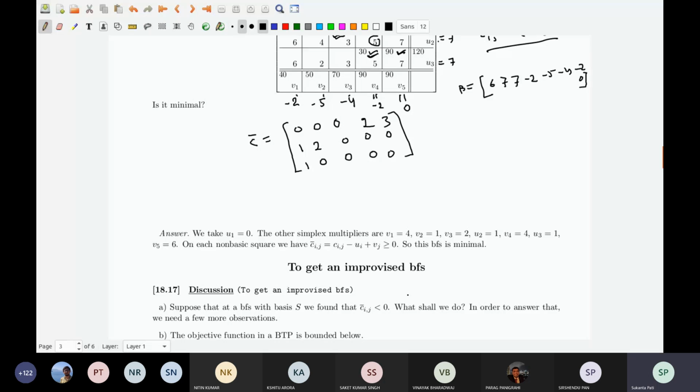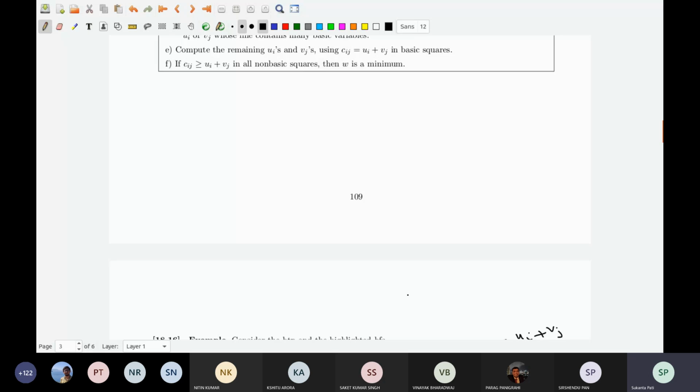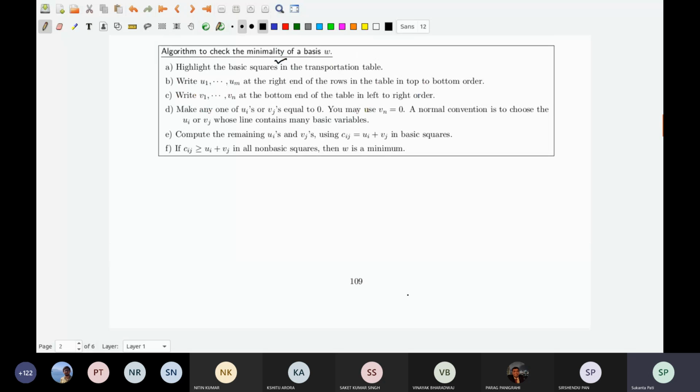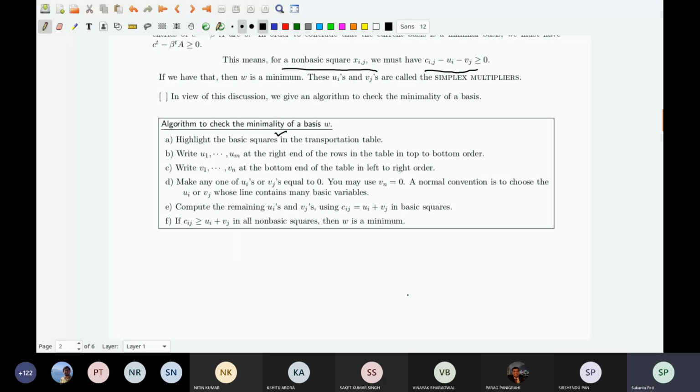Acha. So what was that algorithm? The algorithm says highlight the basic squares in the transportation table, write U1, U2, UM at the right end, and then V1, V2, Vn at the bottom, and then you set Vn equal to 0, and then make sure that on the basic squares Cij becomes Ui plus Vj.